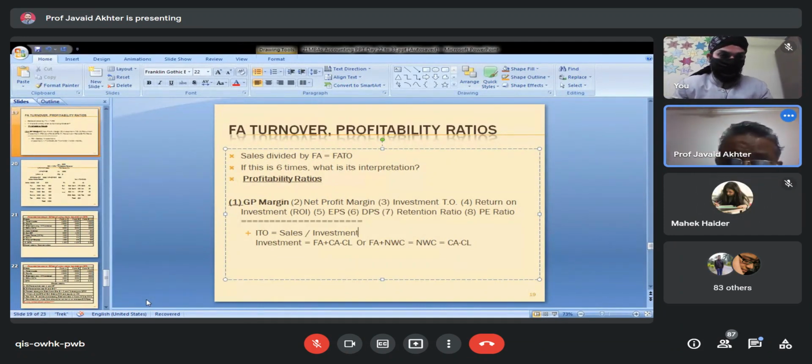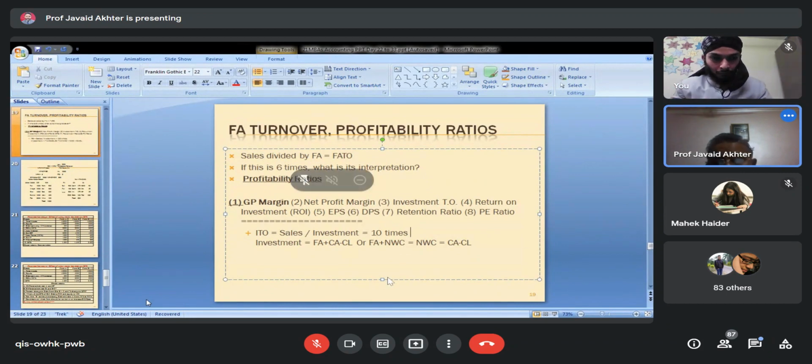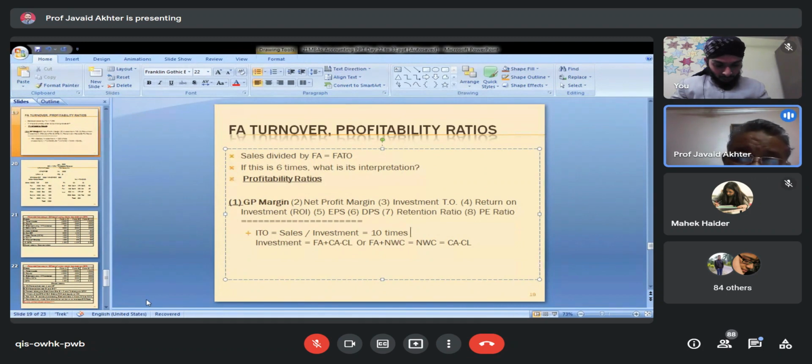Now, suppose we calculate investment turnover and our answer is 10. What do we conclude? 10 times. It is just like fixed assets turnover.